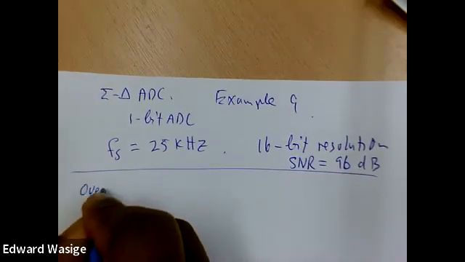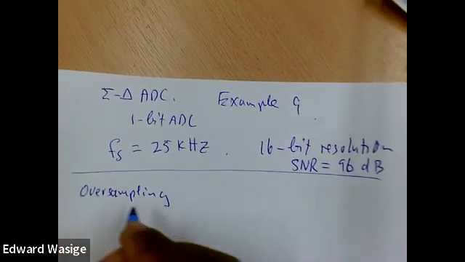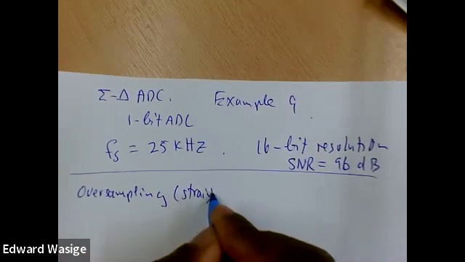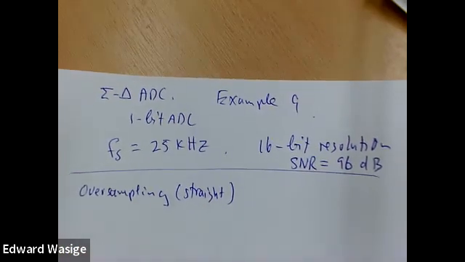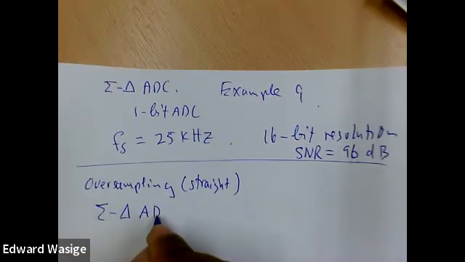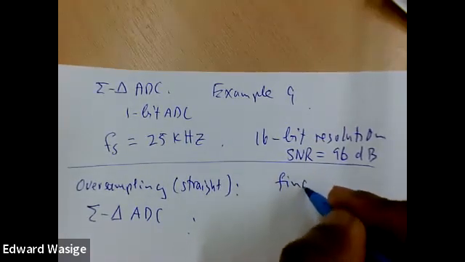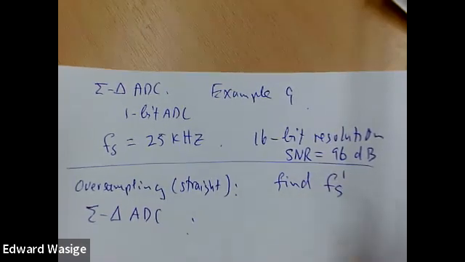And we need to do this for straight oversampling, so this is without feedback. With feedback, we are talking about a sigma delta ADC. To answer this question, the question asks us to find Fs prime.